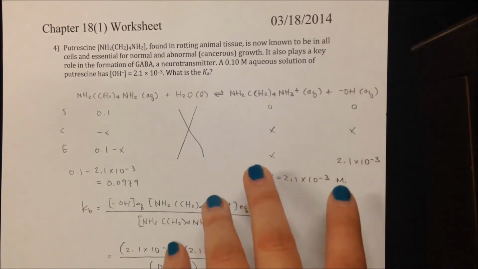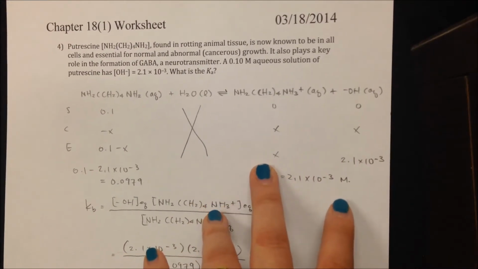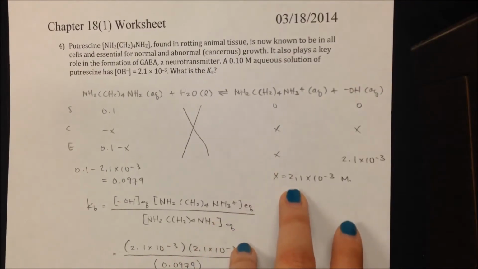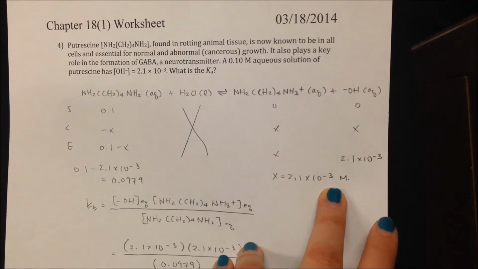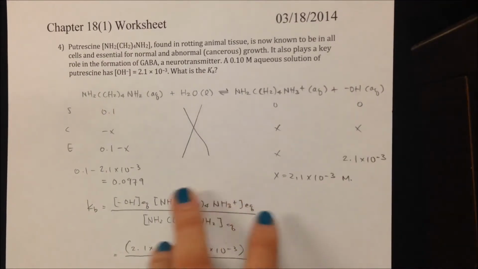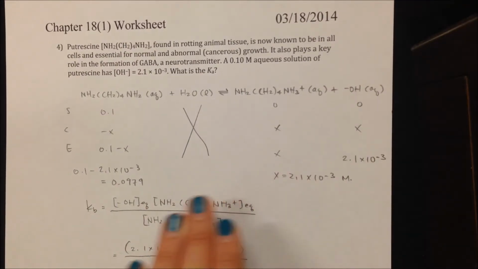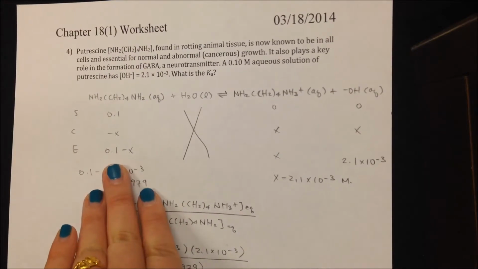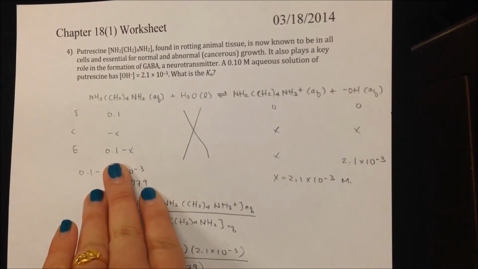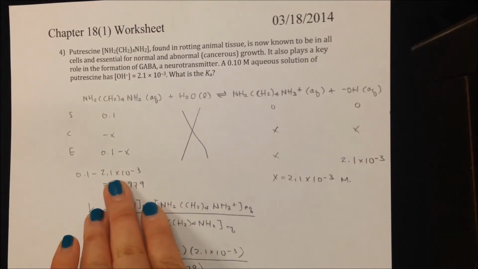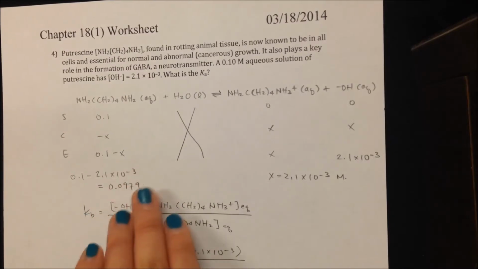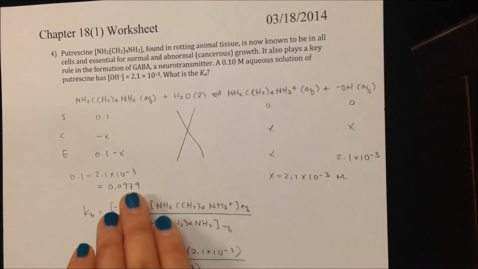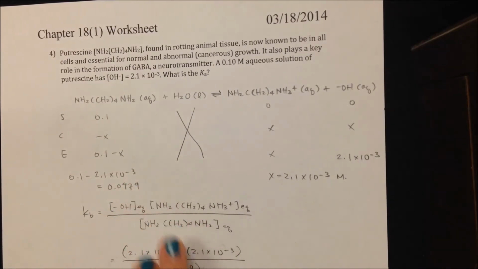That also tells you that your conjugate acid at equilibrium also has 2.1 times 10 to the negative 3 mole per liter. And for the equilibrium of your base, it is 0.1 minus x, which is 0.1 minus 2.1 times 10 to the negative 3. It's 0.0979. So that is your equilibrium concentration for your base, okay?